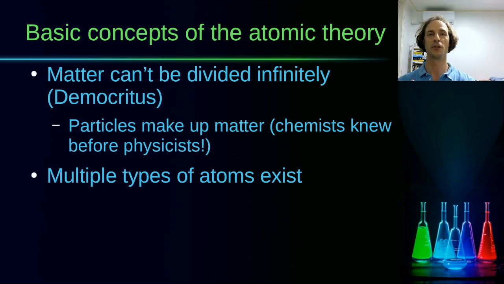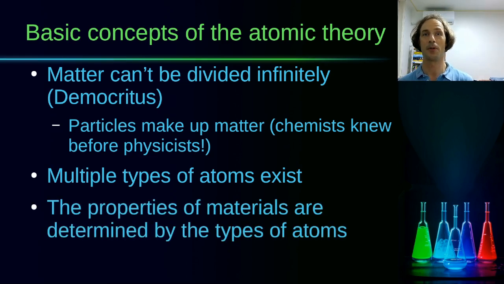And of course, Dalton also deduced from his experiments that not all atoms are the same, so multiple types of atoms exist, and to understand chemistry we need to know what types of atoms a material is made up of, because the properties of materials are determined by the types of atoms the specific material is made up of.